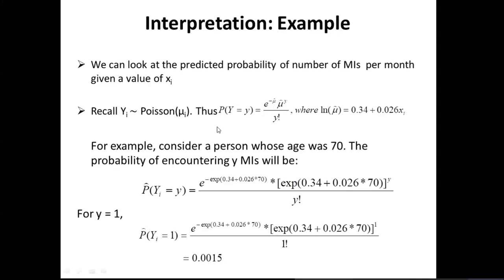Then obviously the probability of experiencing y number of MIs will be e to the power of negative mu, mu to the power of y over y factorial, where logarithm of mu is equal to this formula.